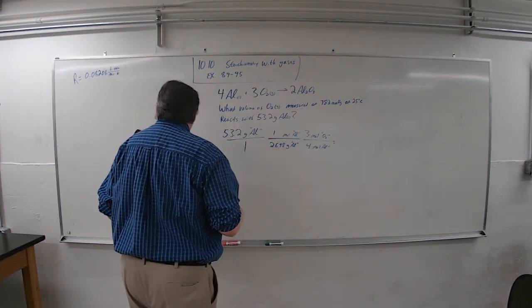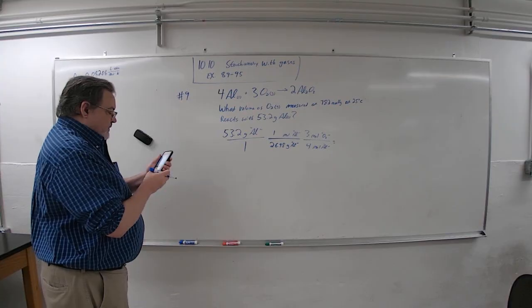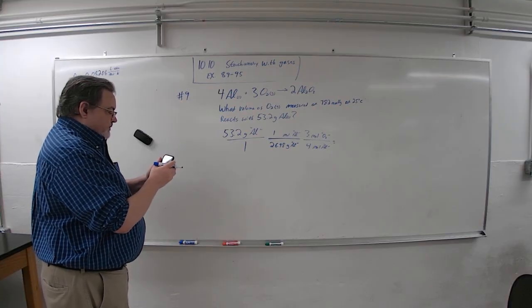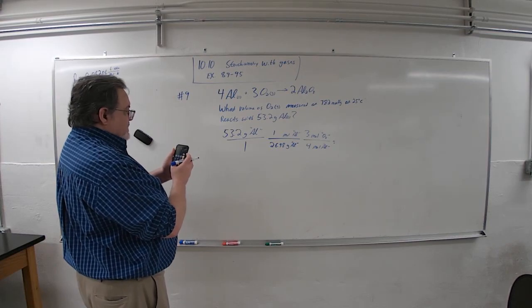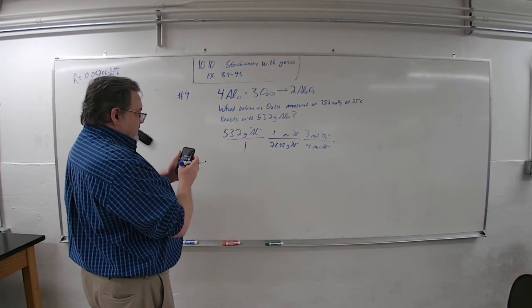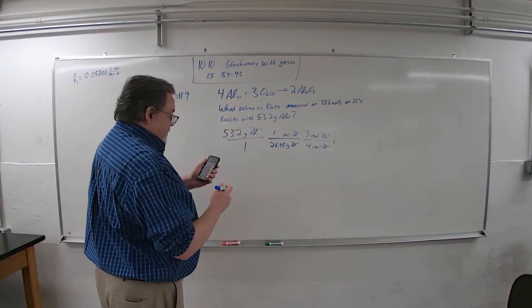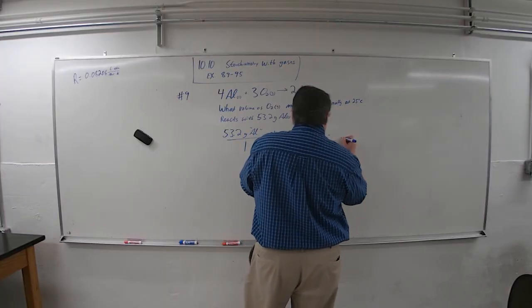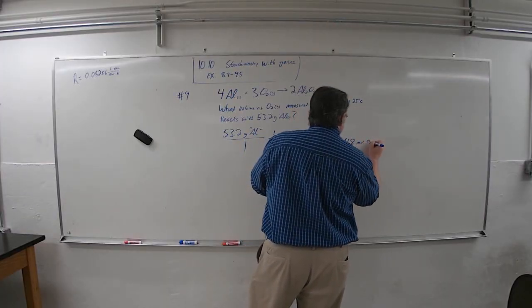That'll give us moles of O2. So 53.2 times 3 divided by 26.98 divided by 4. Now you have 1.48 moles of O2.